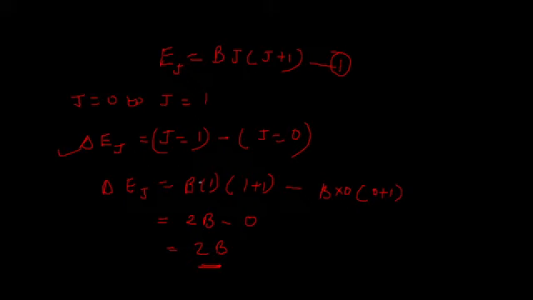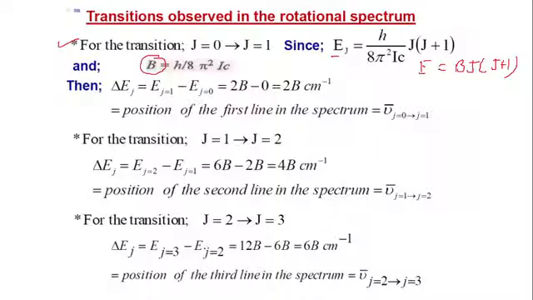That's why according to that we put this value of J into the first equation, and J equal to 0 also we put into equation number 1, and then we get the value delta E from J equal to 1 to 0. Okay, then we get what? 2B. Here you can see, we get the value of 2B.